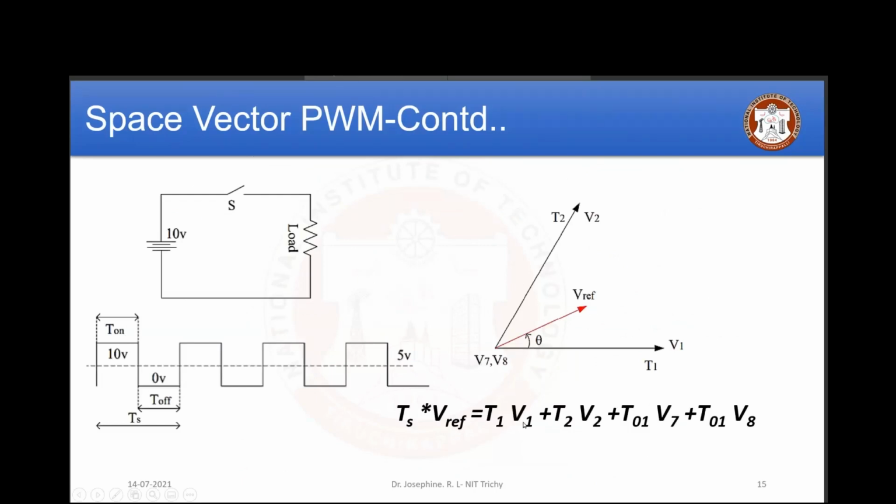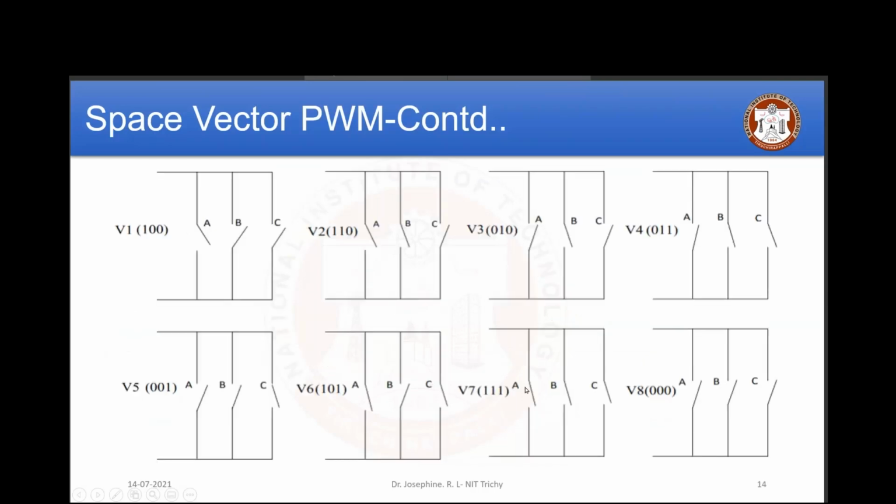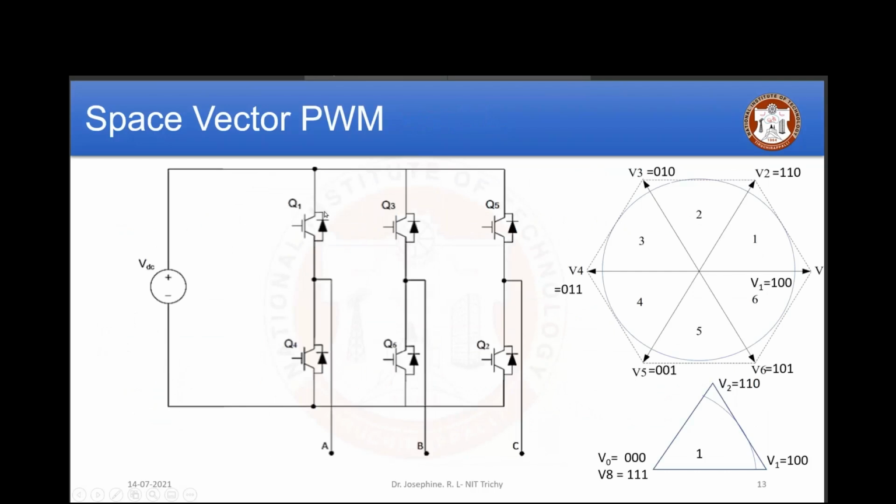So if I see T1 V1, T2 V2, and so on, T01 and T02, these two are the same, but at one time I'm going to turn on all ones. The other time I'm going to turn on all zeros. That means I'll use the upper switches at one time and the lower switches at another time.